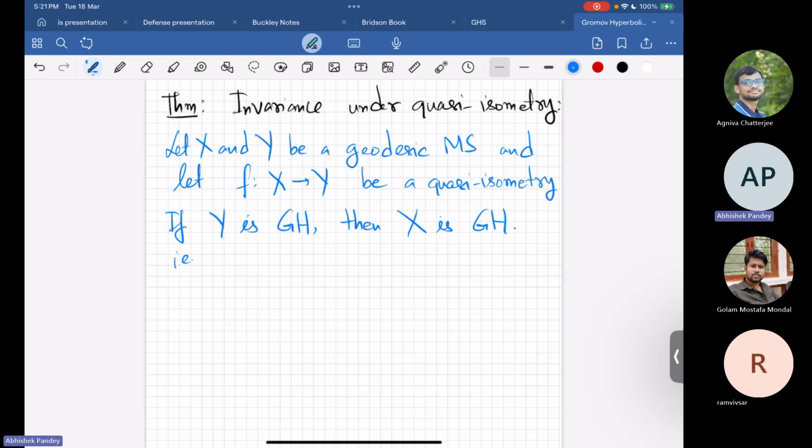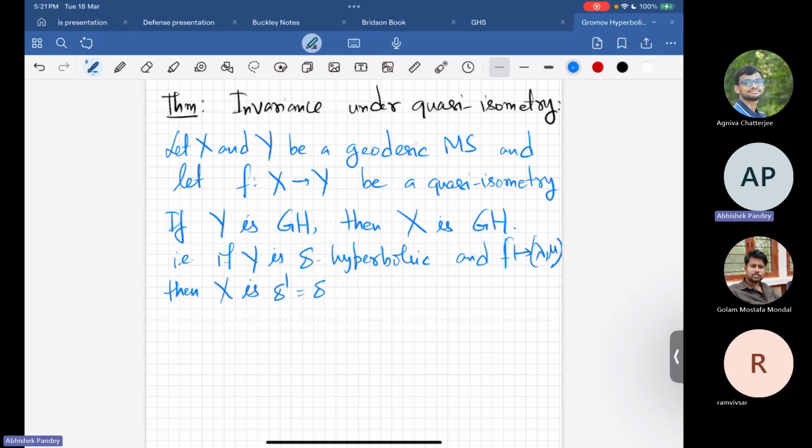That is, if y is delta hyperbolic and f is a quasi-isometry given by the data lambda, mu, then x is delta dash hyperbolic, where delta dash depends only upon delta, lambda, and mu.